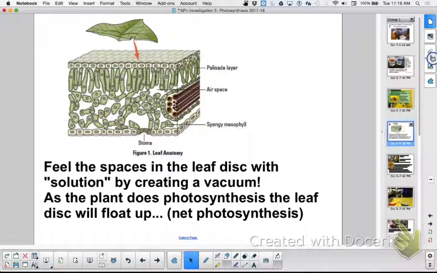Oxygen and sugars. The oxygen should then start to refill those spaces, which makes the leaf float. So I am able to infer from my data how well my photosynthesis is going by how many of those leaf discs float and how long it takes them to float.